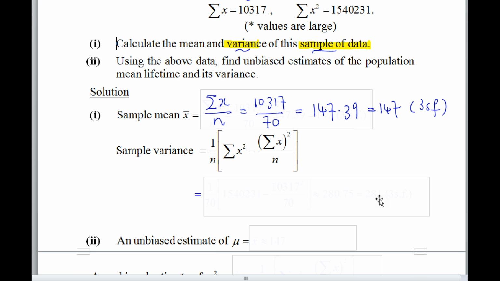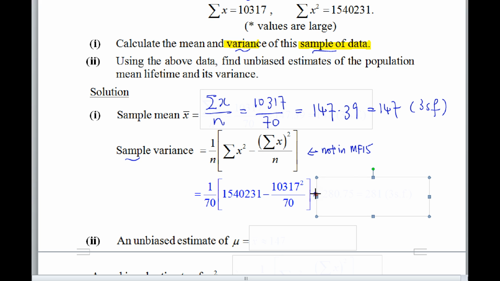I want to emphasize this sample variance, this formula is not in MF15. MF15 only give you the S squared, the unbiased estimate formula. Follow? Can? All you need to do is to substitute your n equals to 70 in.